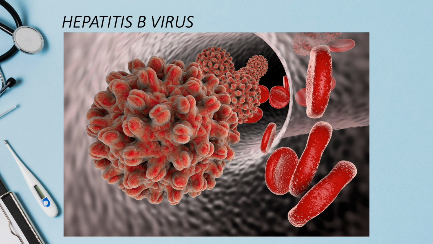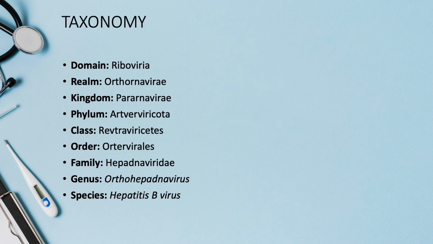But again, please keep in mind, infections with the fecal-oral route of transmission are better prevented not by vaccination, but by proper hygiene and taking care about everything you consume.